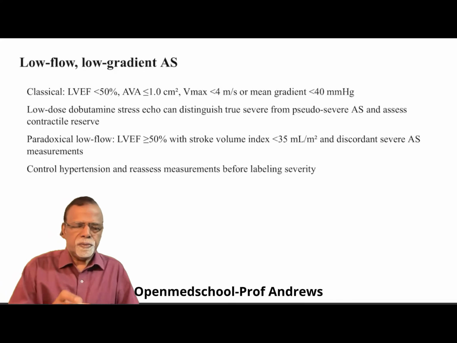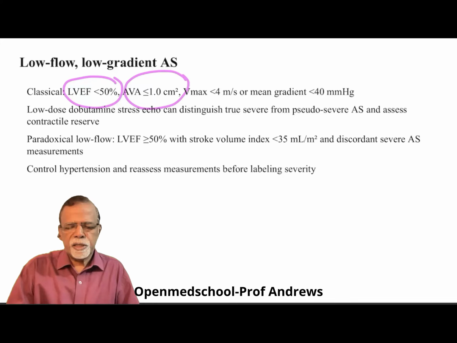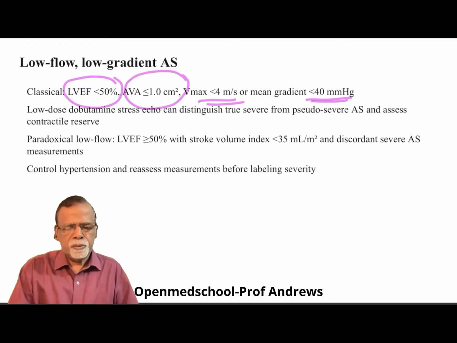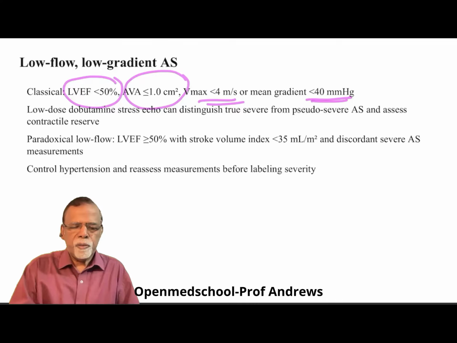So, for example, LV ejection fraction is more than 50, aortic valve area less than 1 centimeter square, Vmax is less than 4, or mean gradient is less than 40, that is a discordant value. So here we give a dobutamine stressor.